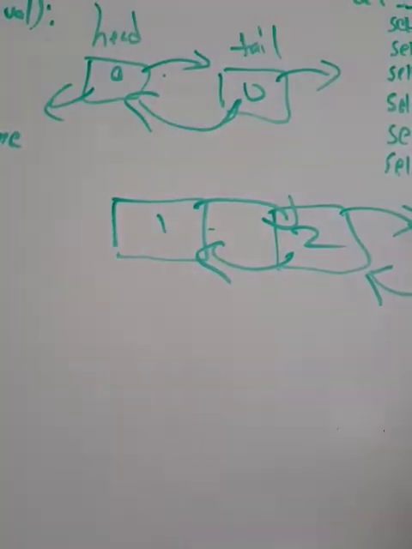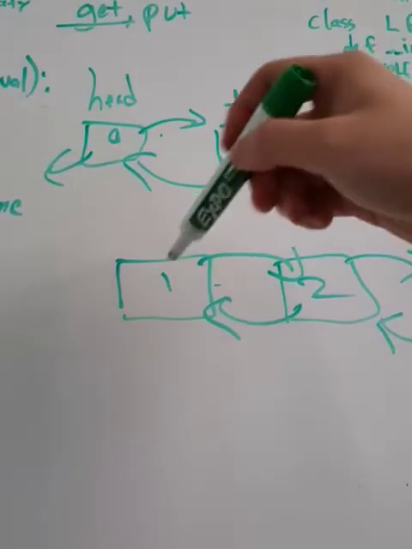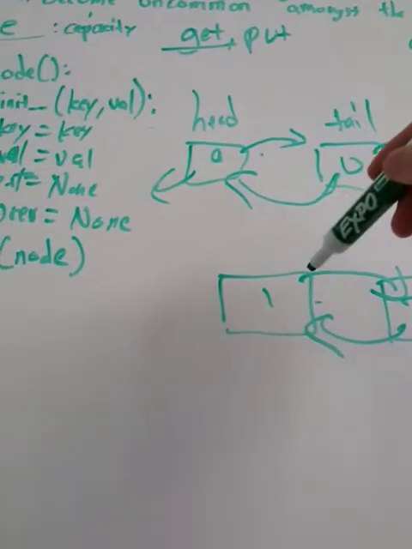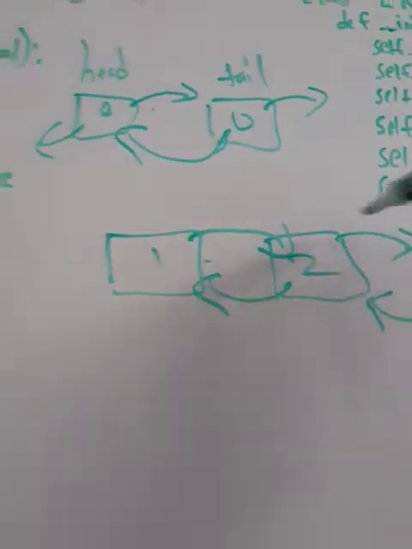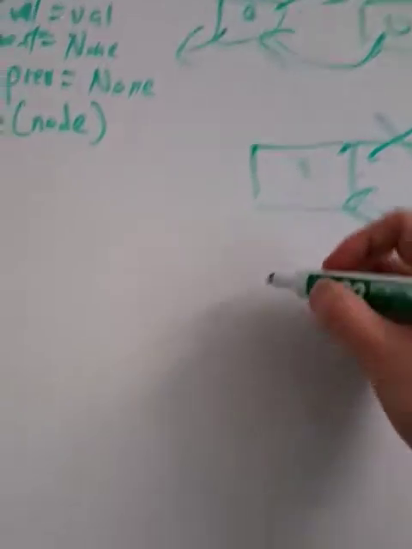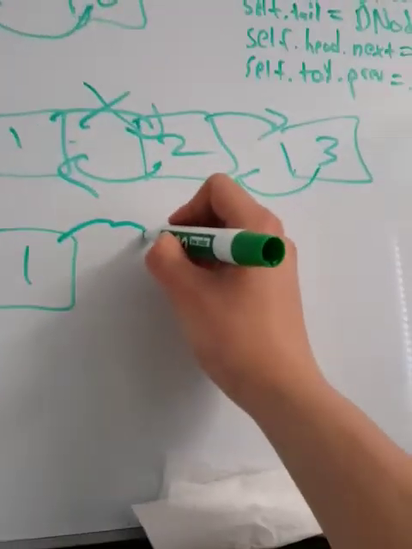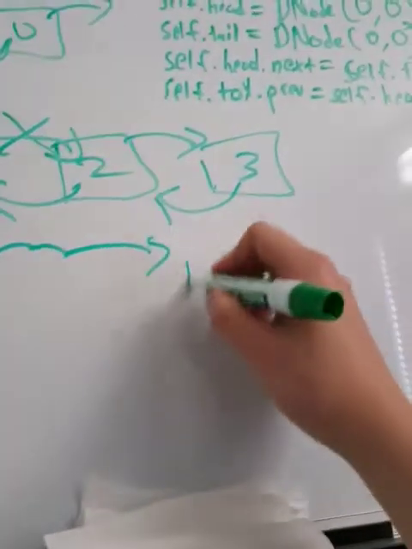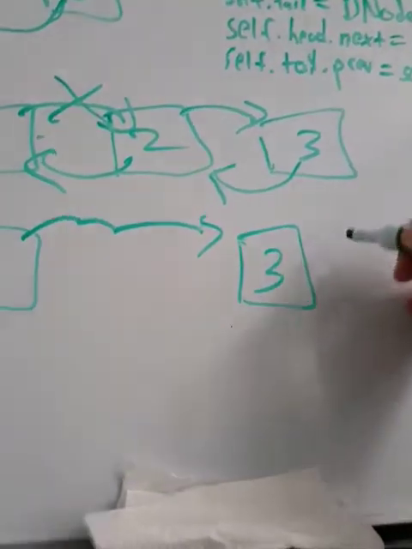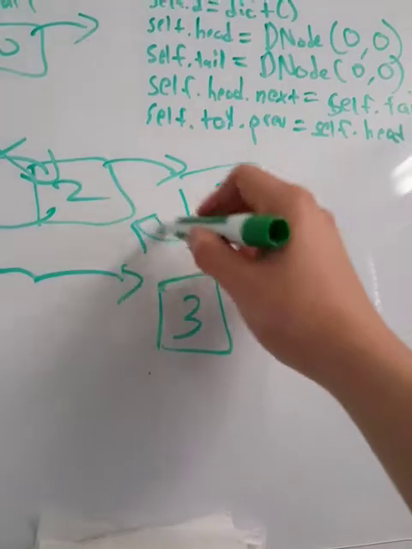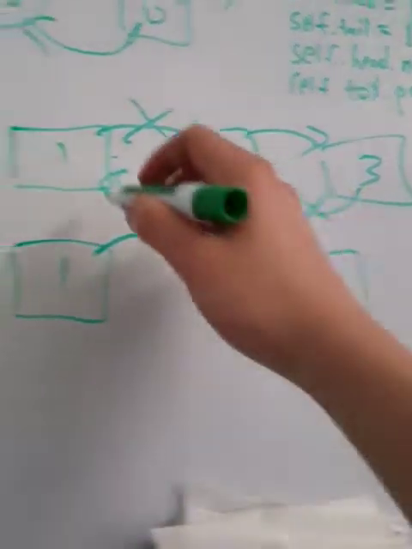So how do we remove this node? We need to update the pointer from 1 to 2, that is 1.next pointing to 2, so that the next pointer skips 2 and goes to 3. Then we need to update 3's pointer to go back to 1.